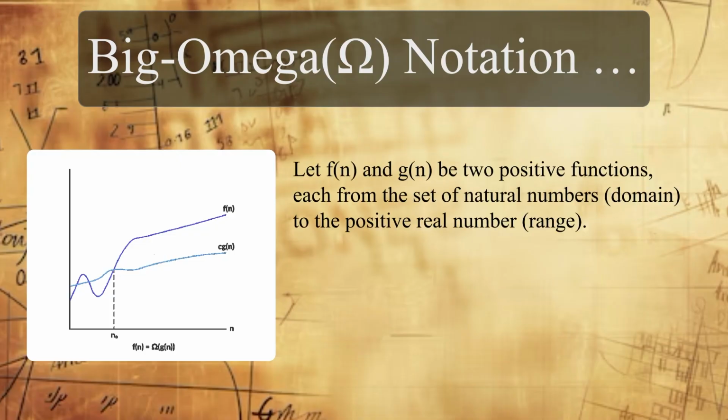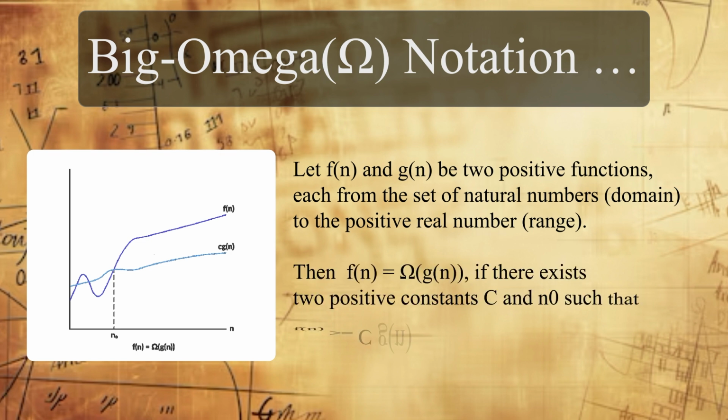How do we define big omega notation? Once again, let Fn and Gn be two positive functions, each from the set of natural numbers, the domain, to positive real numbers, which is the range. Then Fn equals omega Gn if there exist two positive constants, capital C and N0, such that Fn is greater than or equal to, in the case of big O it was less than or equal to, now it is greater than or equal to Cgn for all values of n greater than N0.